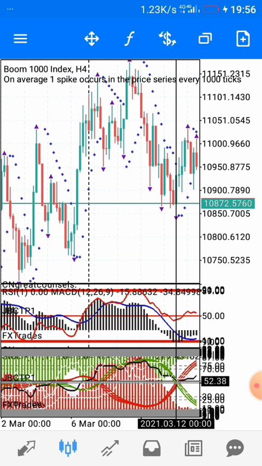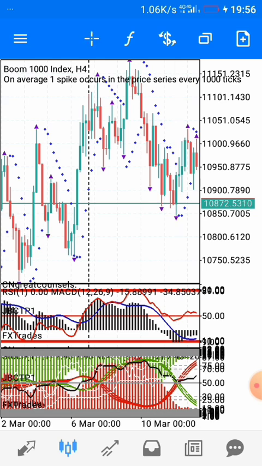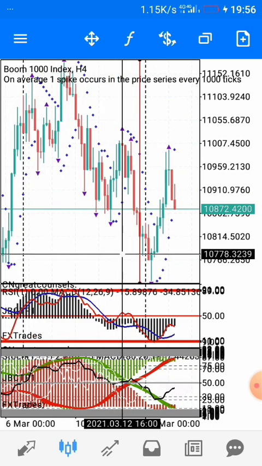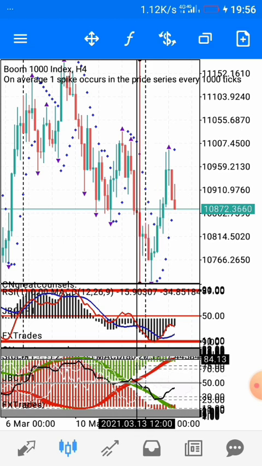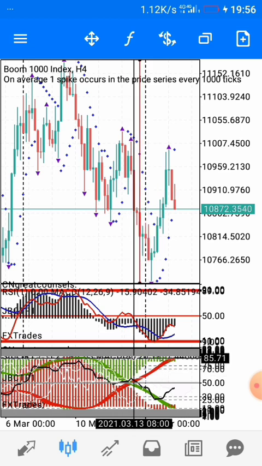But since it's a strategy for swing trade, you can always monitor your trade and then lock your profits, and you can ride the trade down until when you are satisfied with your profit, because this very strategy has no profit limit. You can be following and monitoring your trade and then locking your profits to secure your profits. Okay, and then when you are satisfied with your profit, you exit the trade.